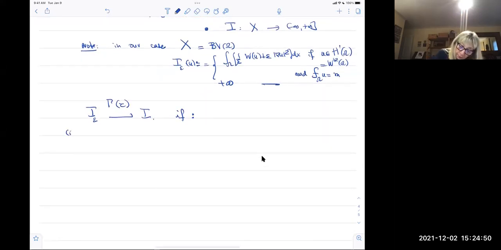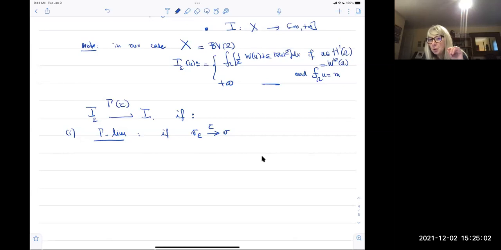First, that's the so-called gamma liminf property. If I have a sequence V epsilon converging in the sense of tau to V, and this convergence could be a weak convergence, okay? I'm writing with the full arrow, but it could be a half arrow. It's whatever is with respect to topology tau.